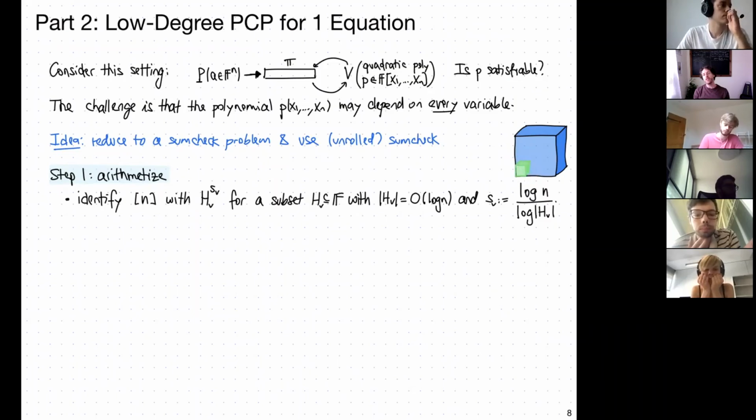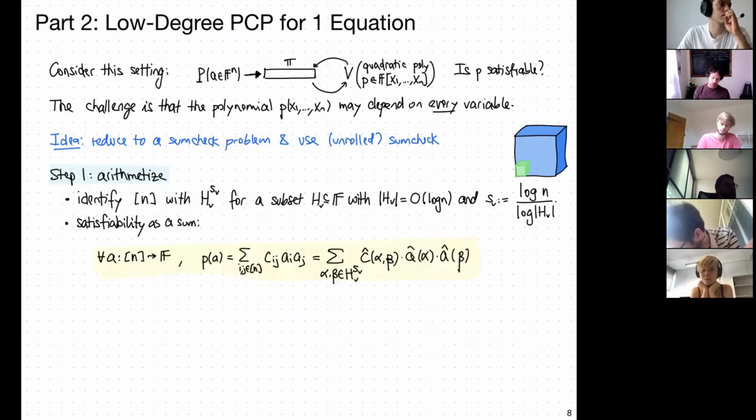And then this is just an instance of the sum check protocol that we've covered in the earlier lectures. My goal at the moment is to write down an arithmetic equation that would be satisfiable if and only if there exists such an assignment.